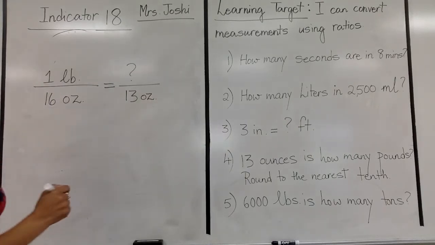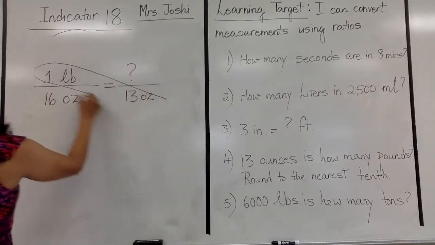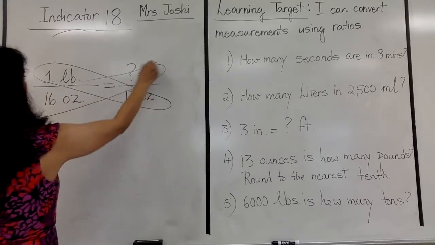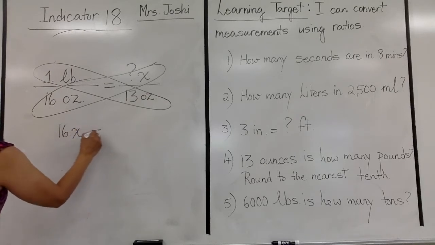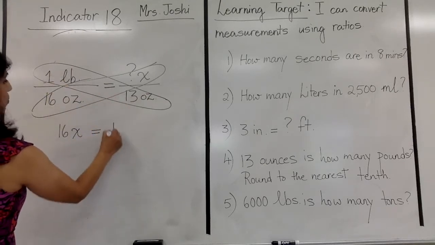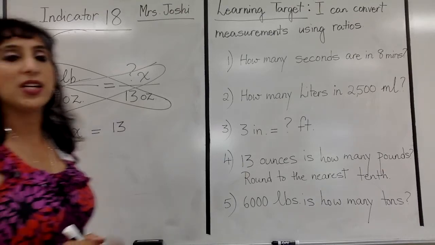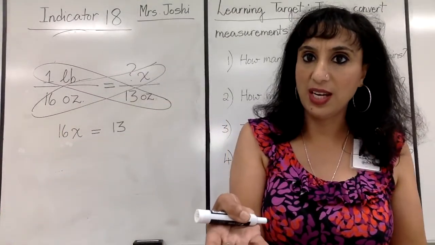All right? So in order to find this, if I had done cross products like this, and let's say this is x, okay, I would have got 16x is equal to 1 times 13, which is 13. And then since this is a multiplication and it's attached to the variable, I'm trying to find 16 times what gives me 13.